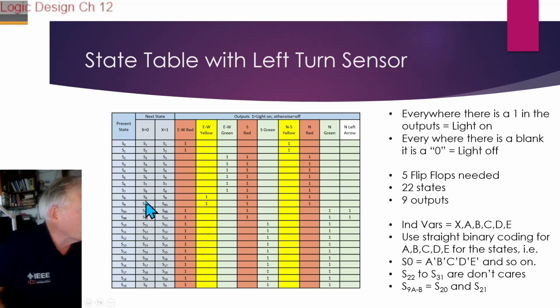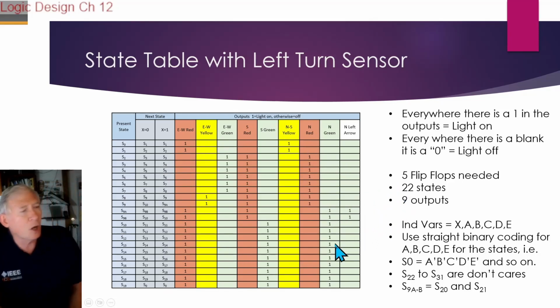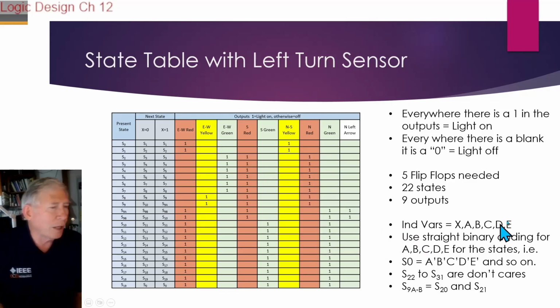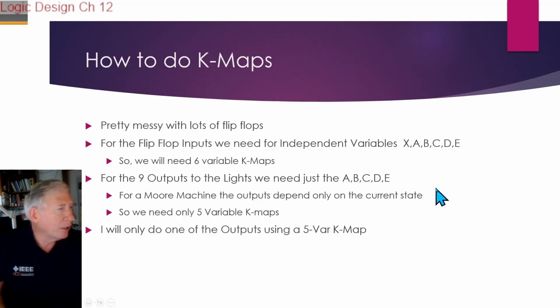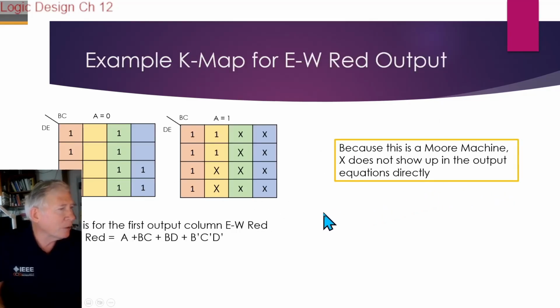But here we go to S10 if our sensor shows no cars, and we go to 9A if it shows a car. Everywhere else we ignore the sensor input. And then the ones, just like before, indicate the lights are on, and blank squares indicate they're off. So we need 5 flip-flops, 22 states, 9 outputs, and so we're going to do the K-maps.